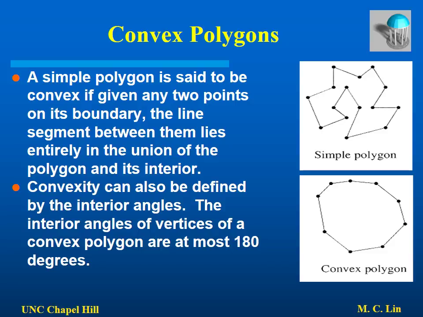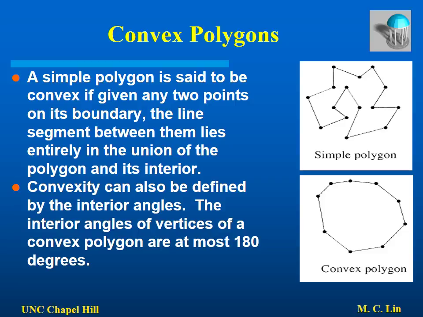A simple polygon is said to be convex if given any two points on its boundary, whether or not they're vertices, the line segment between them lies entirely in the union of the polygon, that is to say the boundary, and its interior.